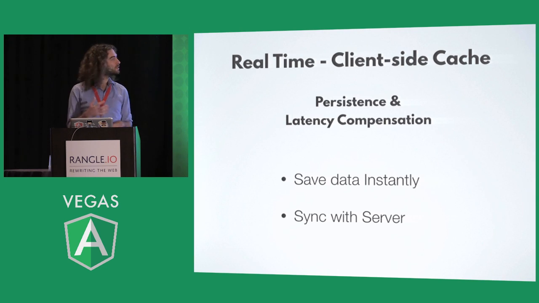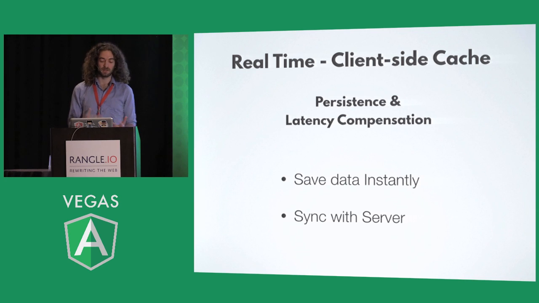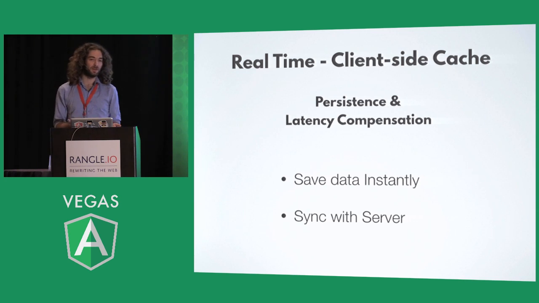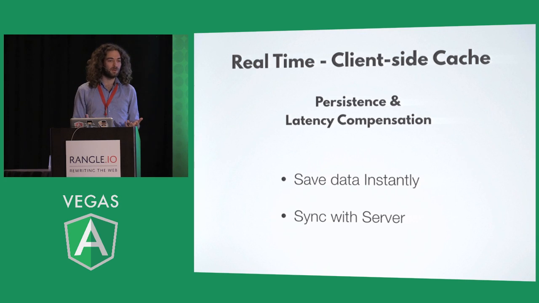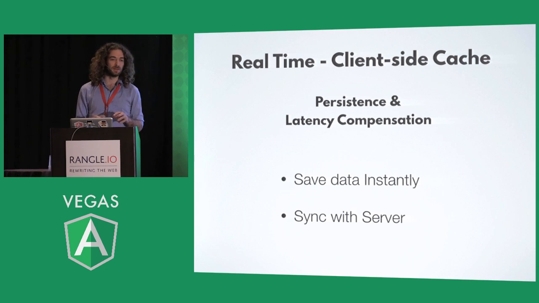And this is something that Meteor and the Gmail team are doing in the same way. So if you're a Gmail front-end developer, you never do an $HTTP request or HTTP request. The only thing you do when the user types in on the draft is that you save it into the local cache.